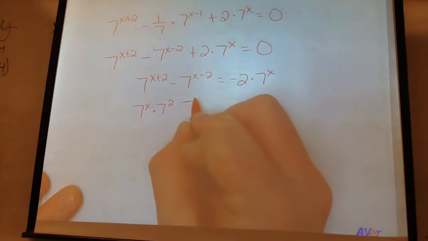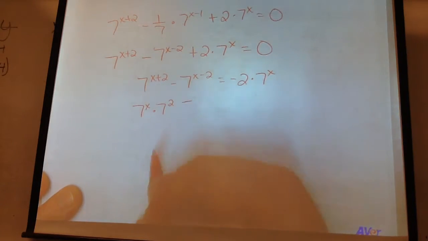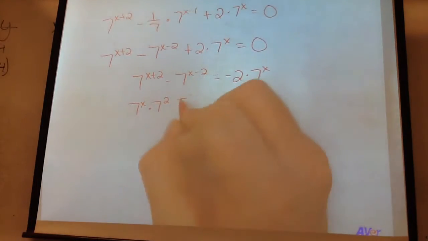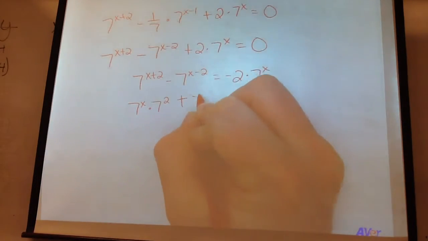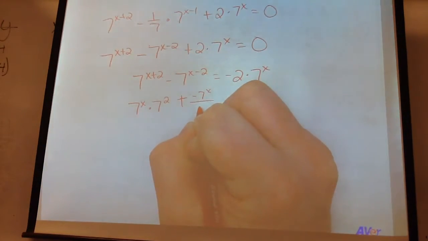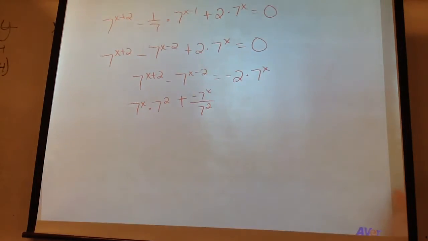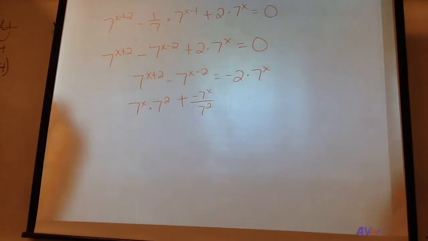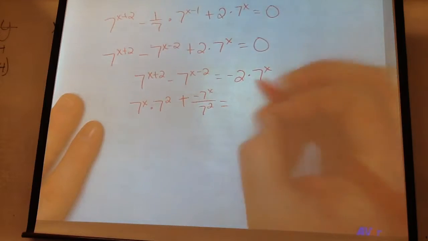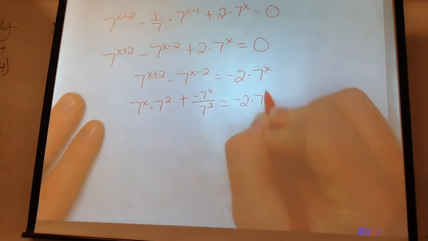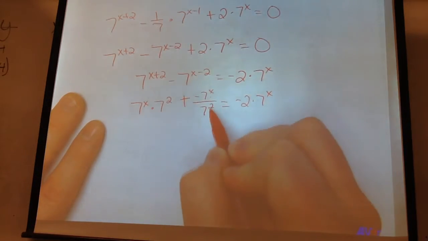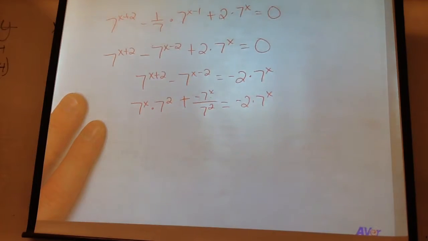I don't like the negative. Let's just go plus negative 7 to the x over 7 squared, equals negative 2 times 7 to the x. Because that, you would subtract exponents and you would come up with that.